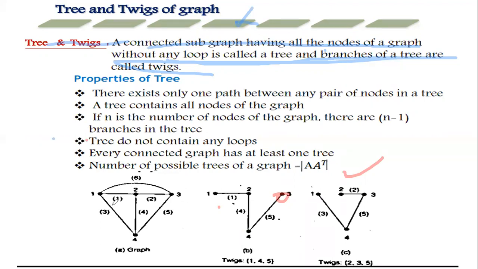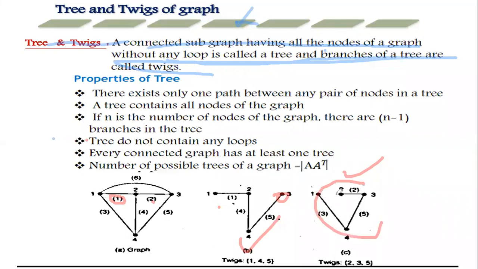These numbers in brackets are the branch numbers or branch names: 1, 2, 3, 4, 5. So if I remove 3 and 2, I get this tree, and the left ones, that is 1, 4 and 5, are called twigs. The branches of a tree are called twigs.